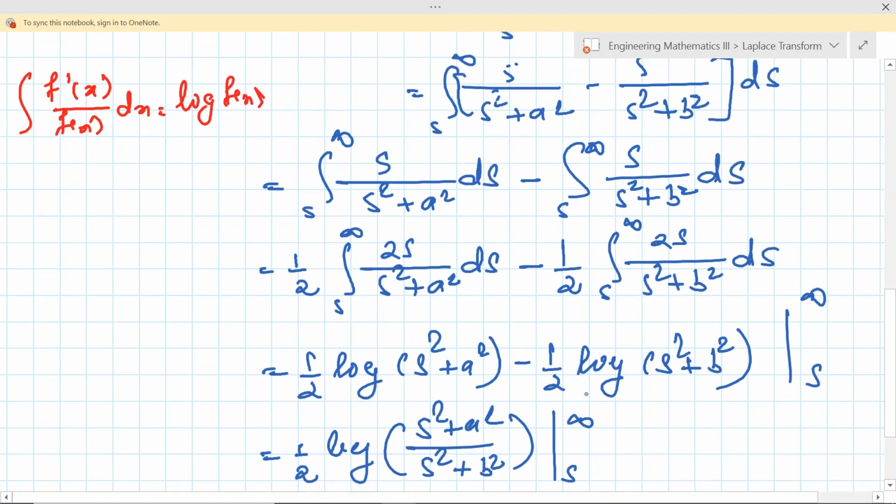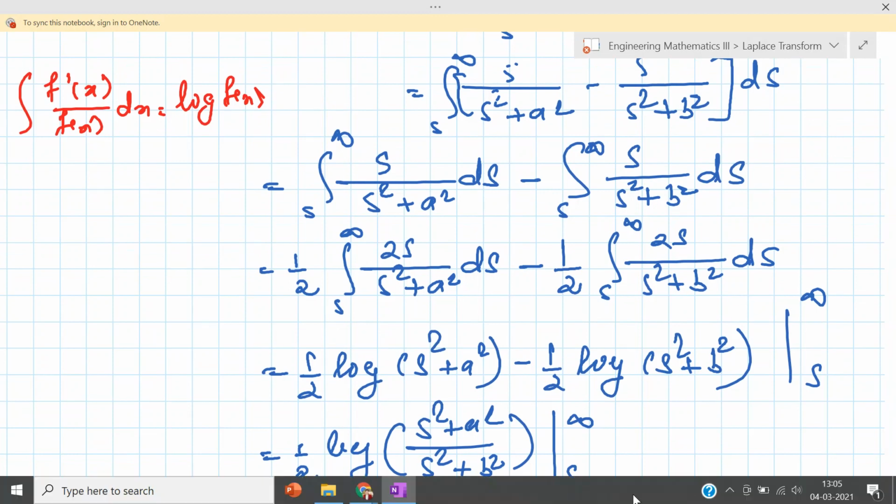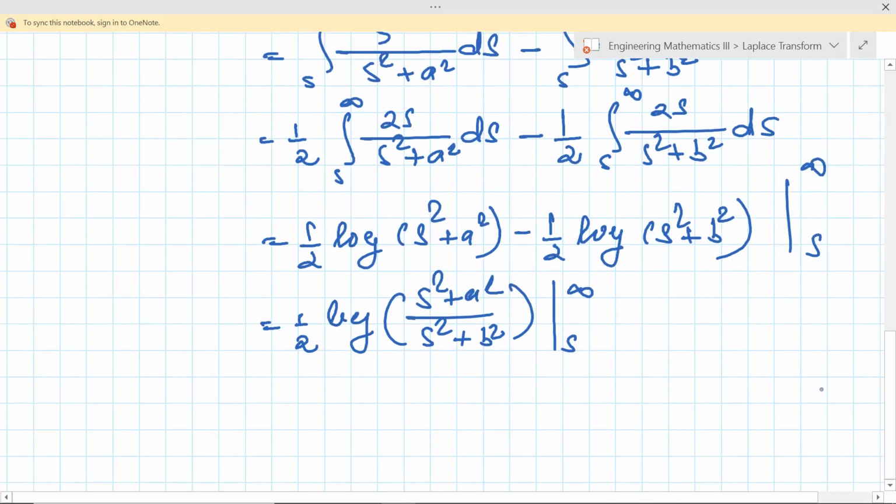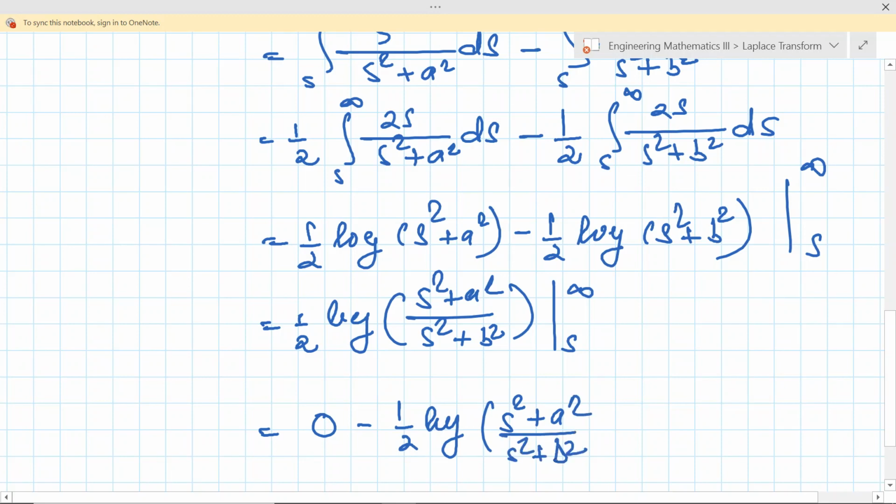And if we apply the limits, what do I get? For the upper limit it is 0, for the lower limit it is the same. So this is nothing but minus 1 by 2 log of, for the upper limit it becomes 0, 0 minus 1 by 2 into log of s square plus a square divided by a square plus b square.